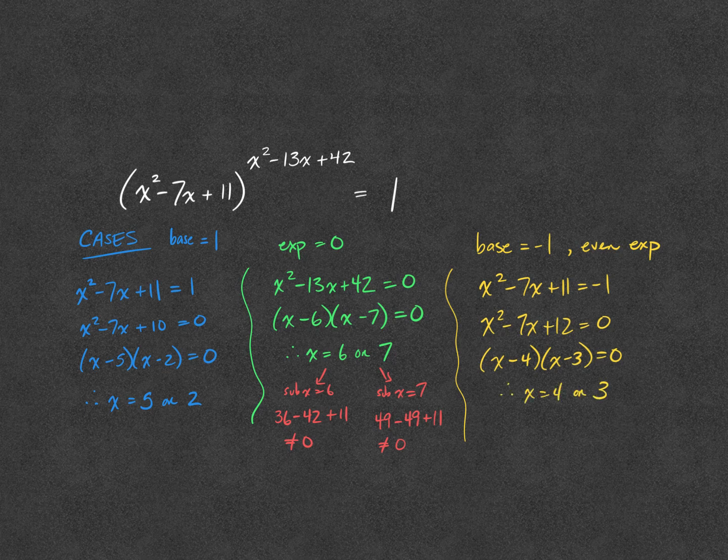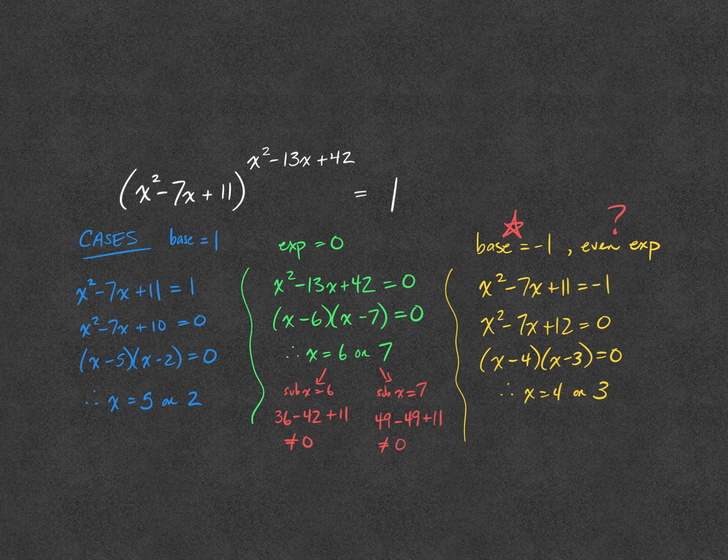We might pause there and go, hey, look, I found 2 other values. But we have to stop again, because what we just did was meet the criteria of the first part. We met the criteria that the base equals -1 for those values. But we don't know yet whether those give an even exponent.